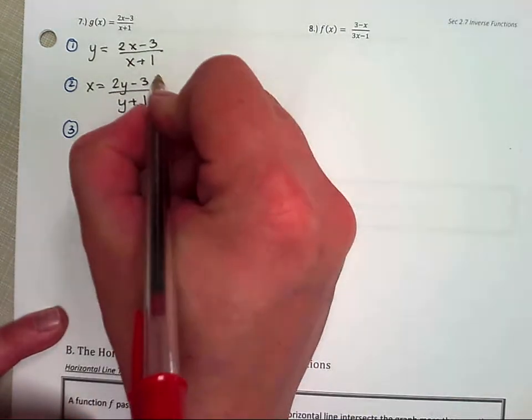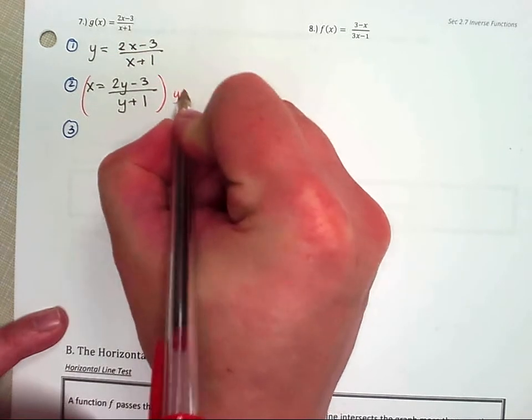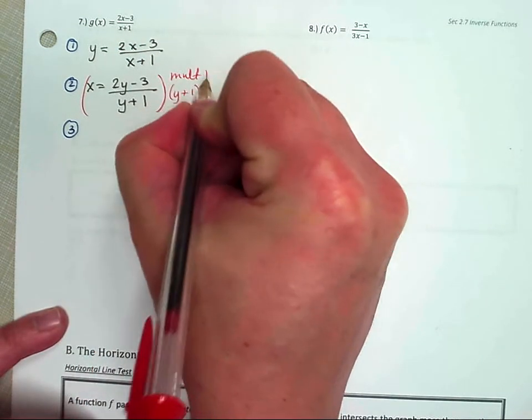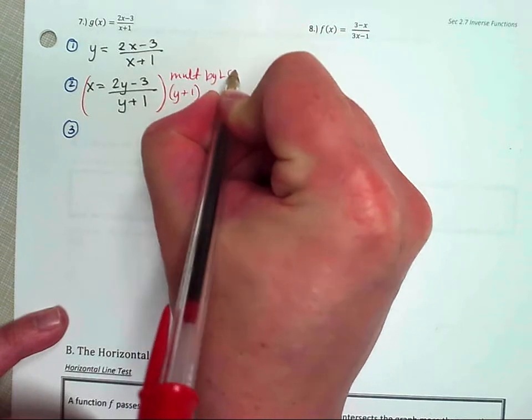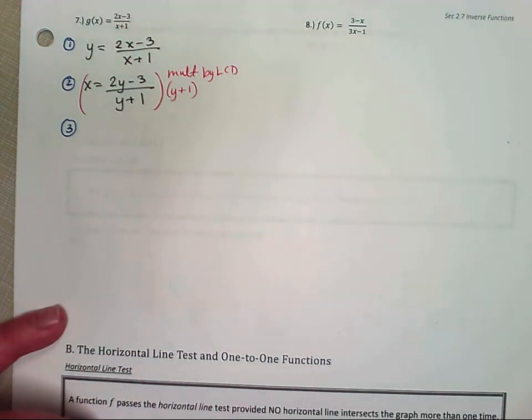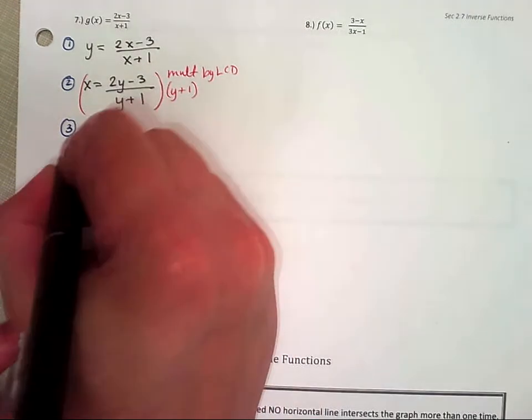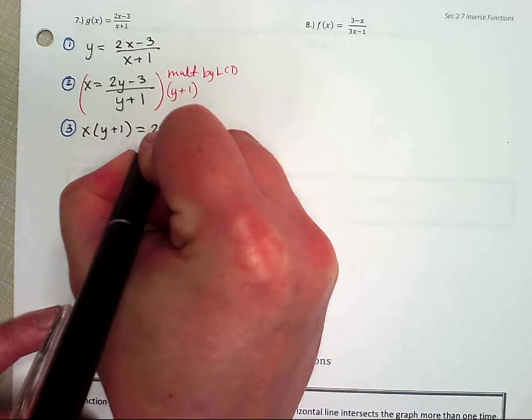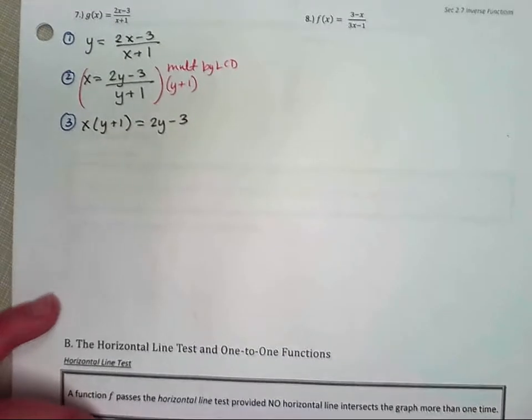So let's multiply by y plus 1. That's how we get the variable out of the denominator. So here I have x times y plus 1 equals 2y minus 3.